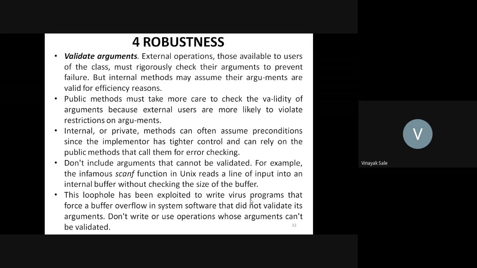Public methods must take more care to check the validity of arguments because external users are more likely to violate restrictions on arguments.